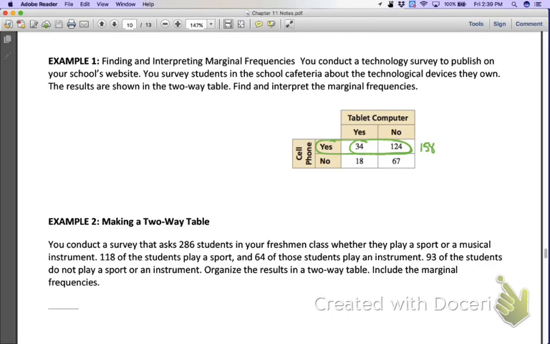How many people then do not own a cell phone? 85. So 85 people do not own a cell phone. How many people own a tablet? 52.